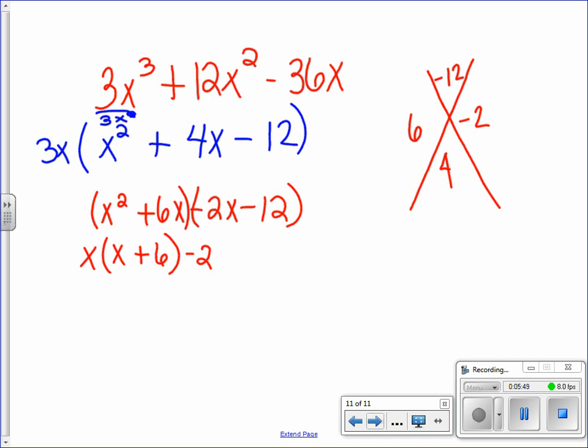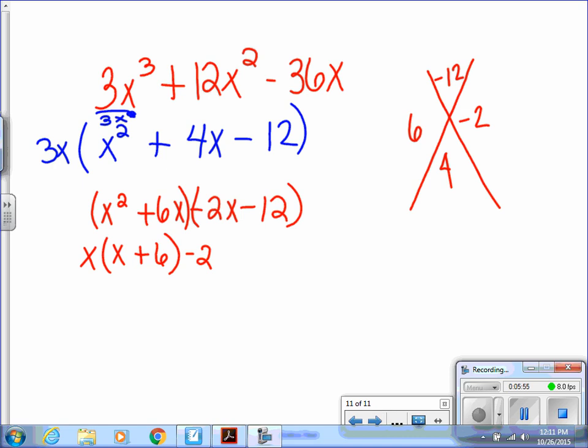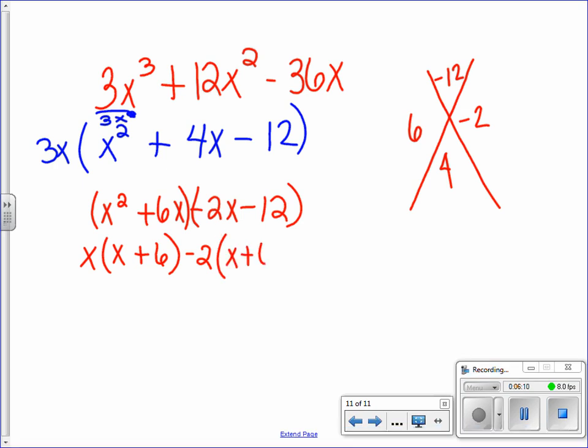Why is it important that it's a negative 2 and not just 2? What has to happen with this set of parentheses and that set of parentheses? They'd be the same. And if I don't take out a negative 2, they're not going to be the same. Alright, so those are exactly the same. What's my answer?